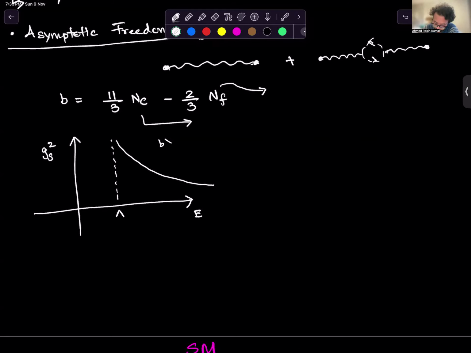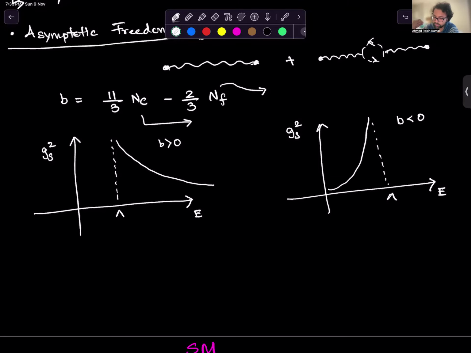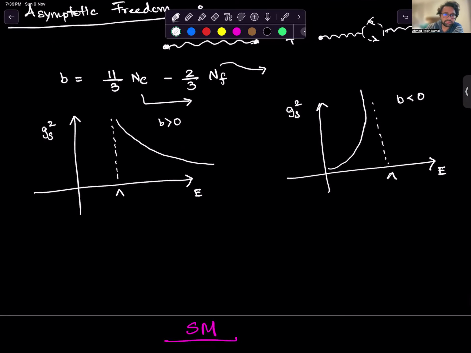This is for B greater than 0. This is my cutoff of the theory, and this is for B less than 0. This is a very special feature that only Yang-Mills theories display, and I think Gross and Wilczek found this out.